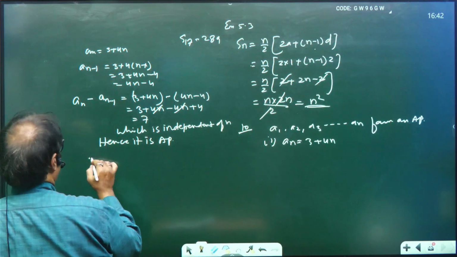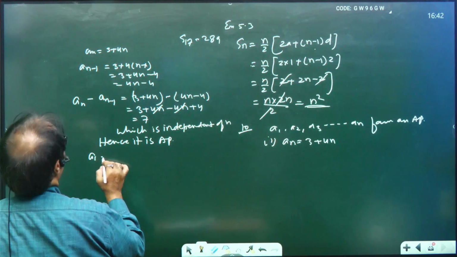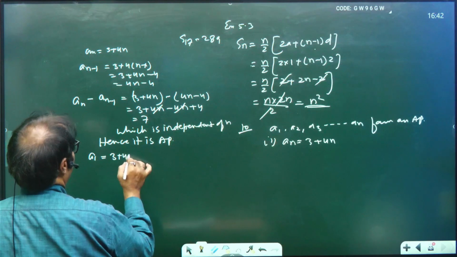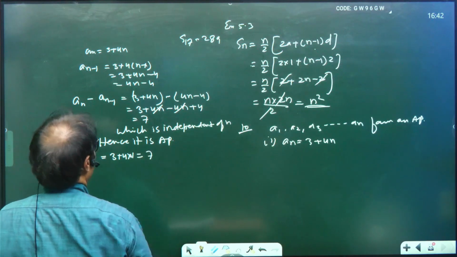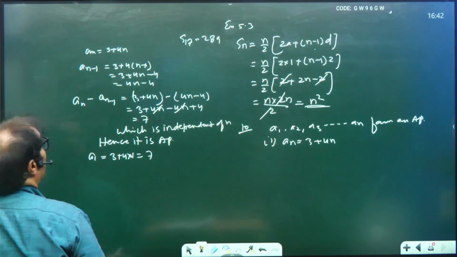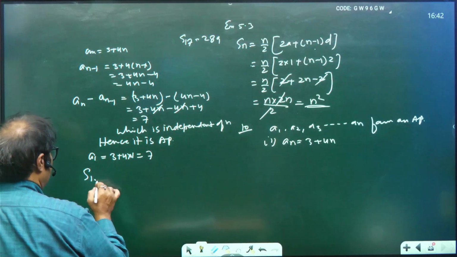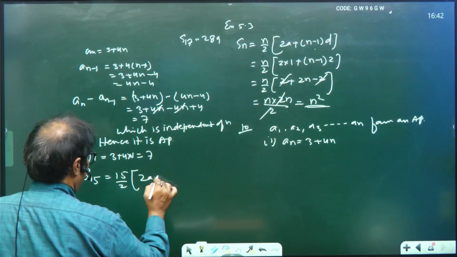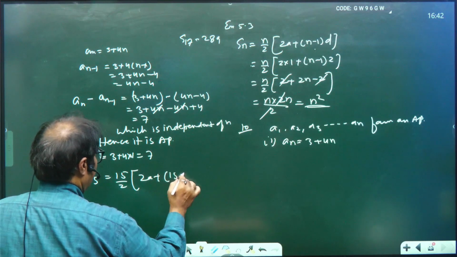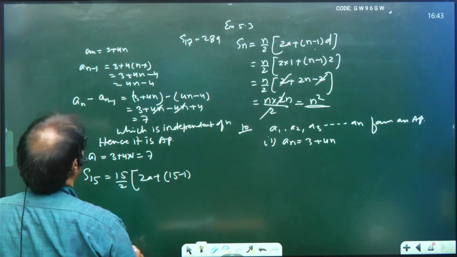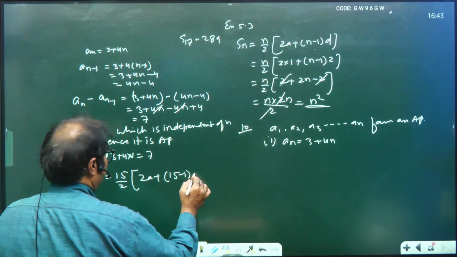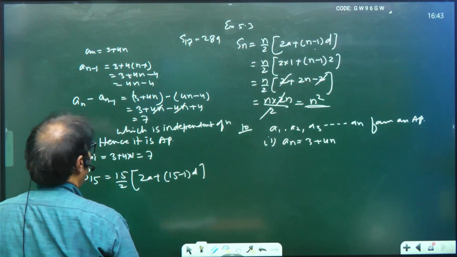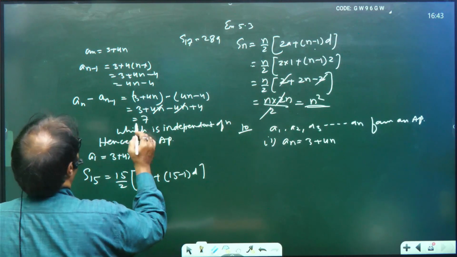To find A1, put n is equal to 1: A1 is equal to 3 plus 4 into 1, so that is equal to 7. Okay, so S15 is equal to 15 by 2 into 2a plus (15 minus 1) into d.